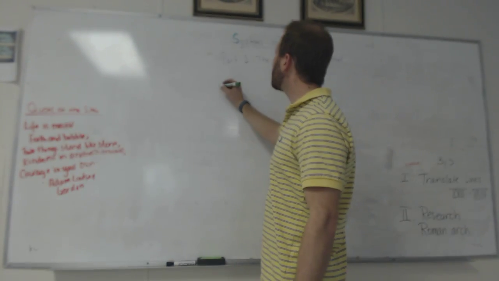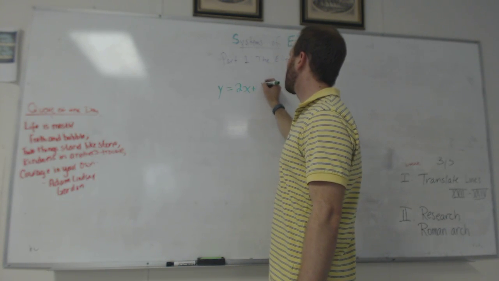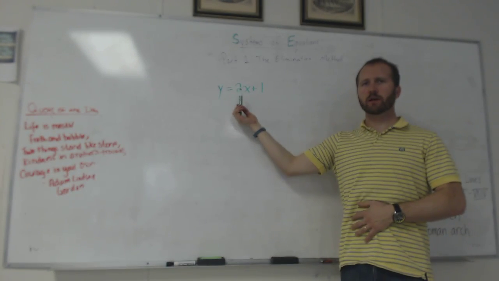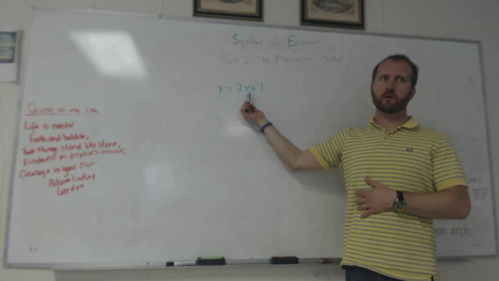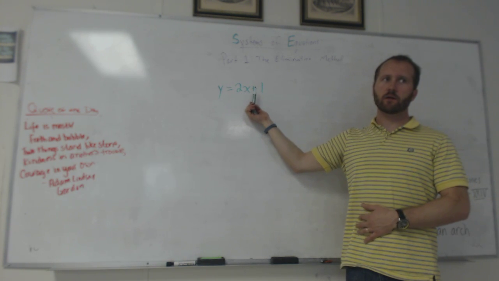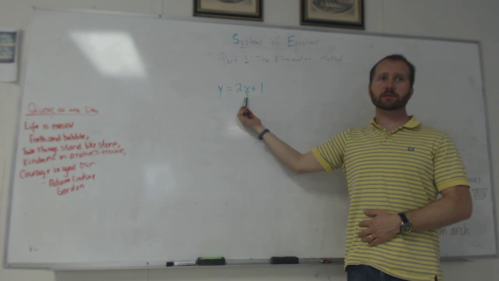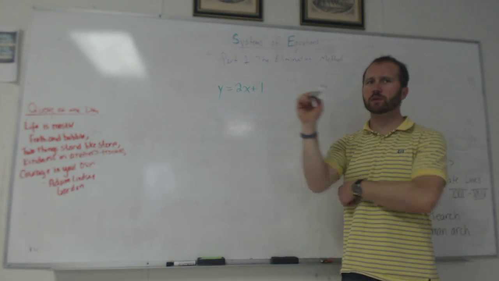What if our equation has two, what? What does this have? It has a y and an x. It has 2 variables. Can you solve an equation with 2 variables?